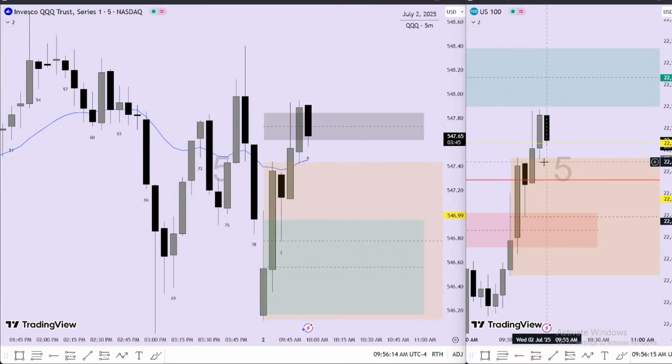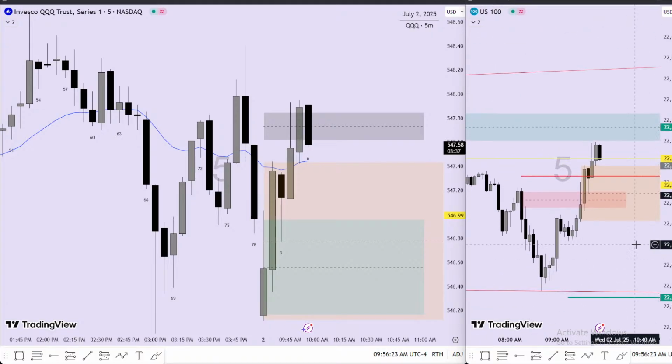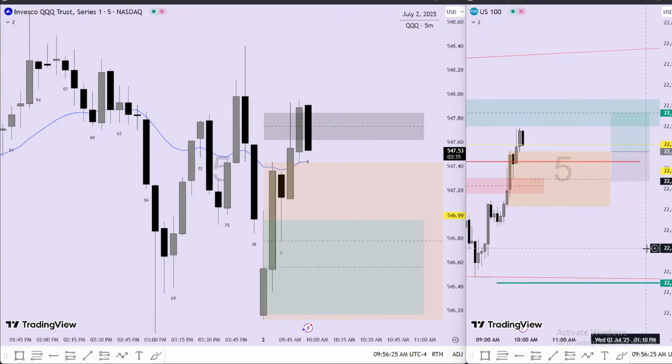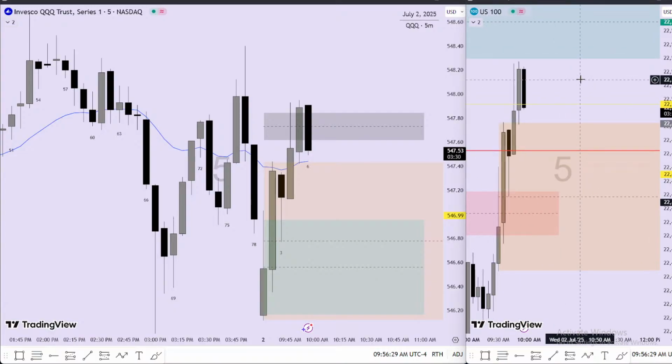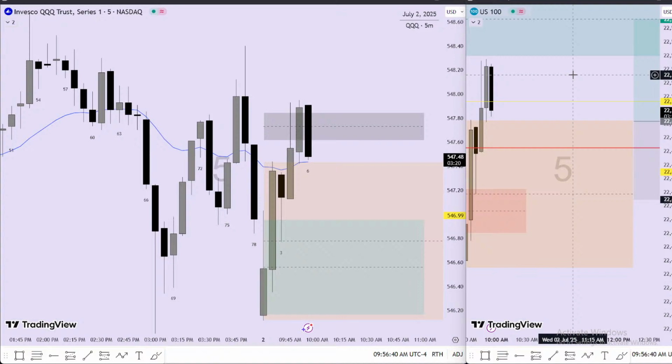High went by, retracement and trend resumption. Stop losses at break even.